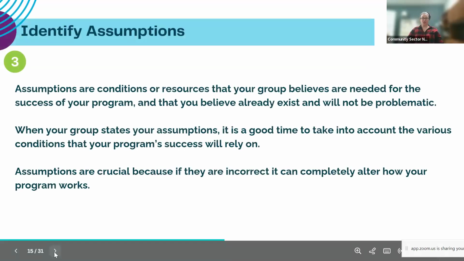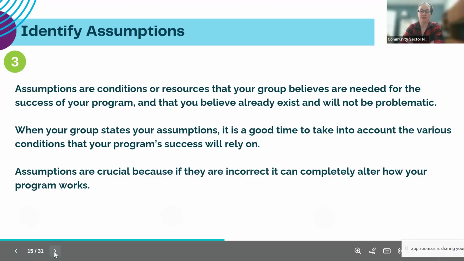So then assumptions are the conditions that the group believes are needed for the success of the program, and that already exist and will not be problematic. So we're going to operate on some assumptions, and I'll give specific examples for this example. But these are things that should already be existing.